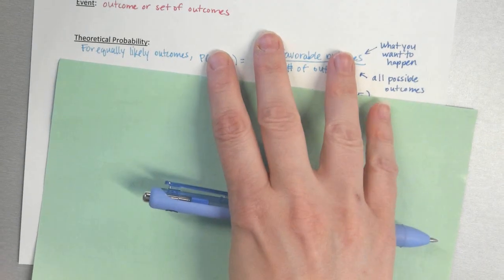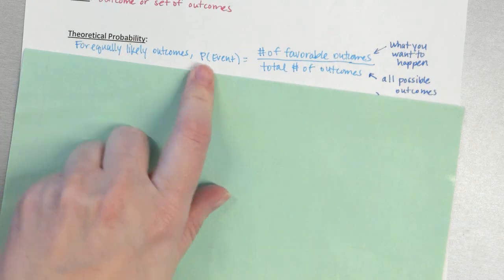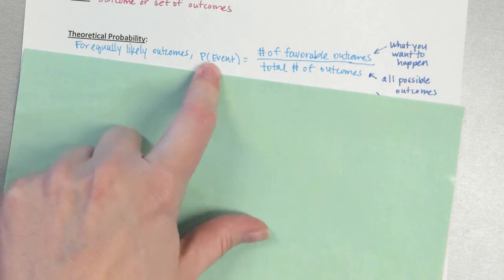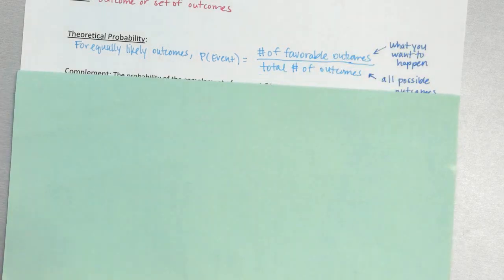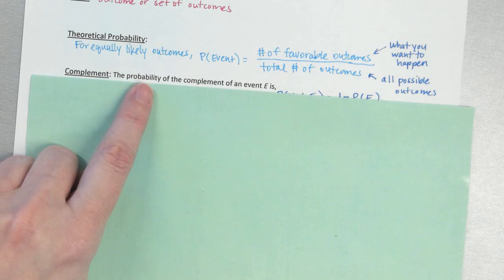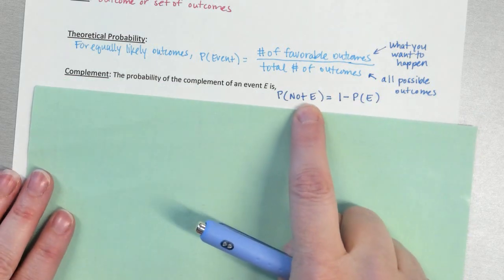But first, sometimes it's really difficult to calculate an event not happening because there are so many choices. And in cases like that, we're going to use something that's called the complement. That's the probability of an event not happening.